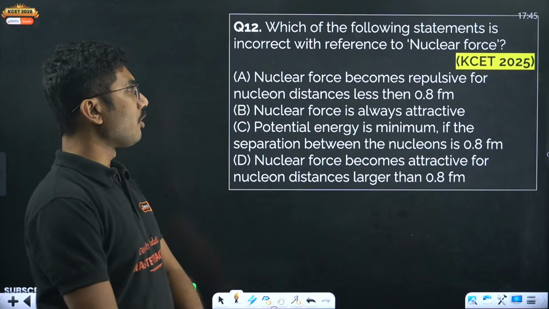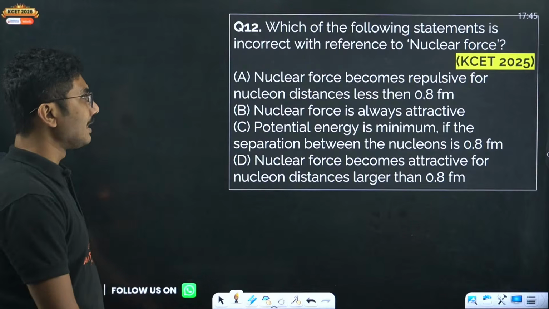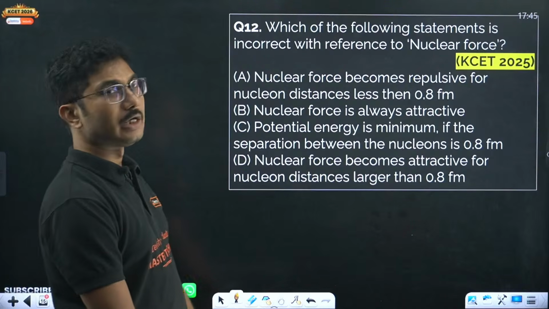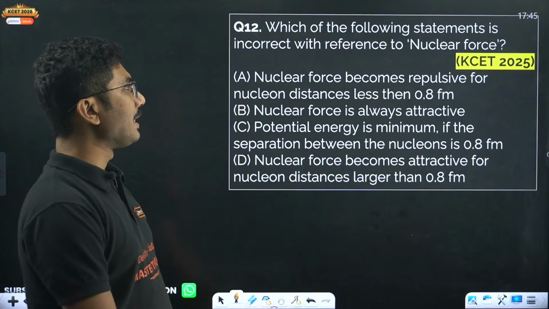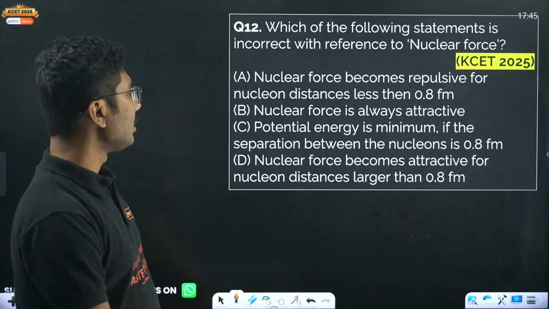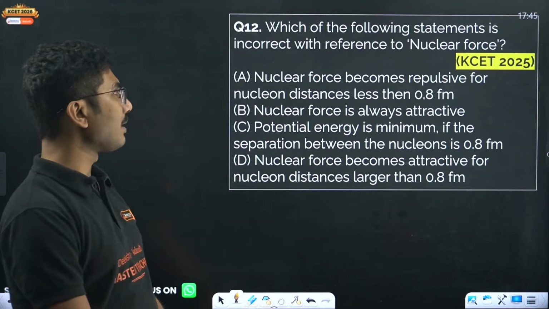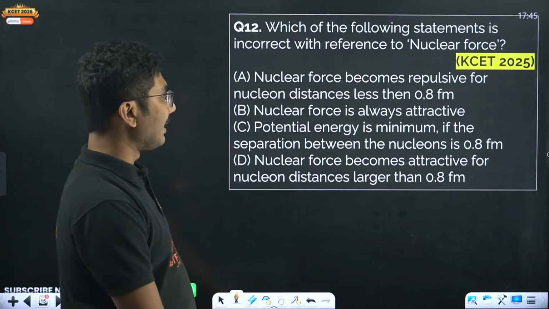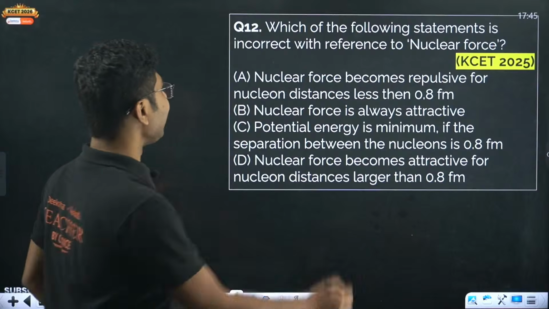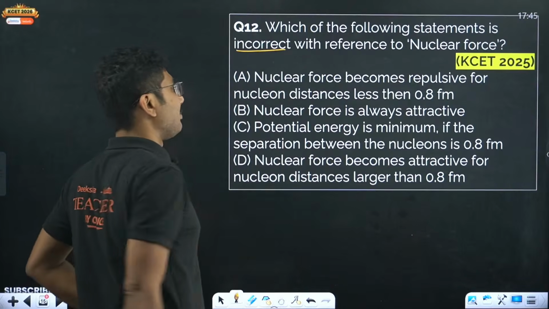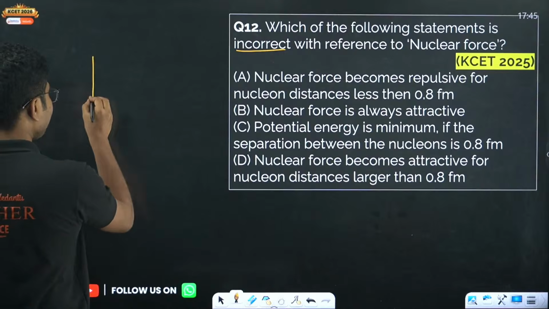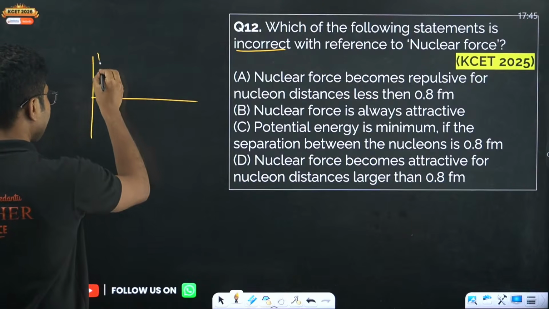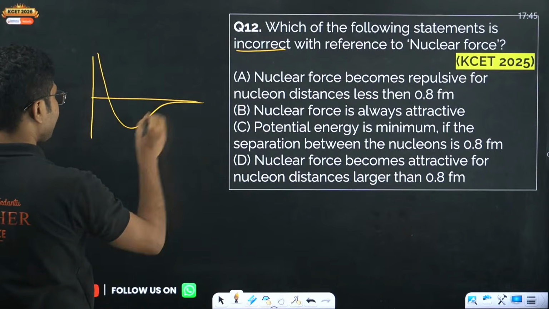Which of the following statements is incorrect with reference to nuclear force? Nuclear force becomes repulsive for nucleon distance less than 0.8 femtometer. You have to find the incorrect statement. If you have remembered the potential energy graph, this is the potential energy graph.